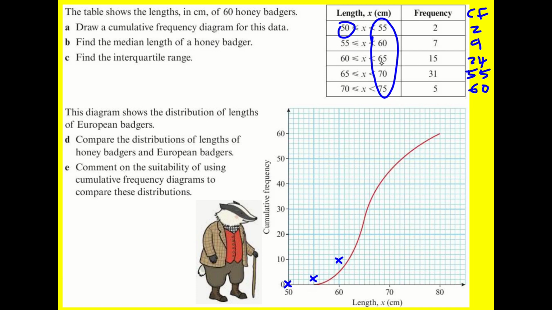And then for 65, it jumps to 24. For 70, we get 55. And then finally, our highest is 75. And that takes us up to 60.